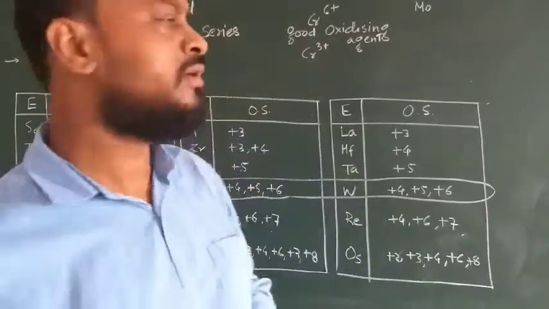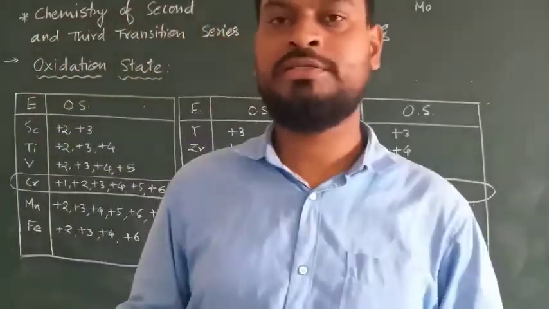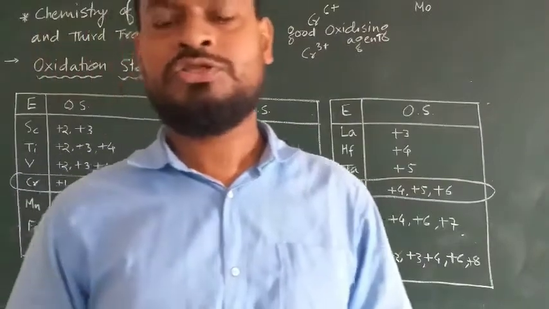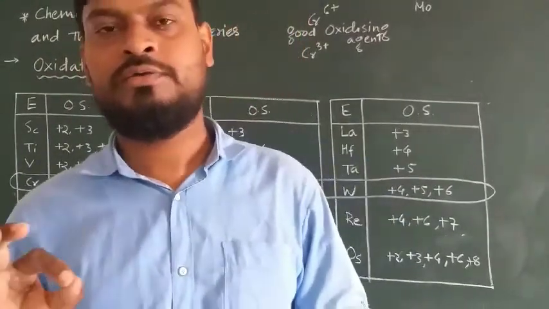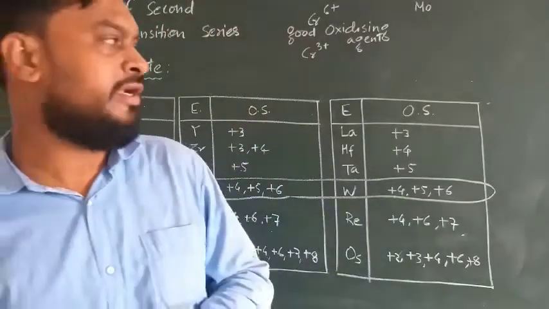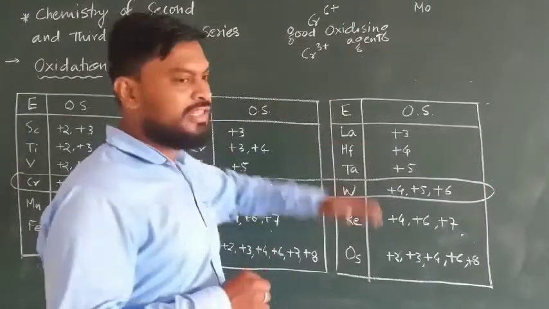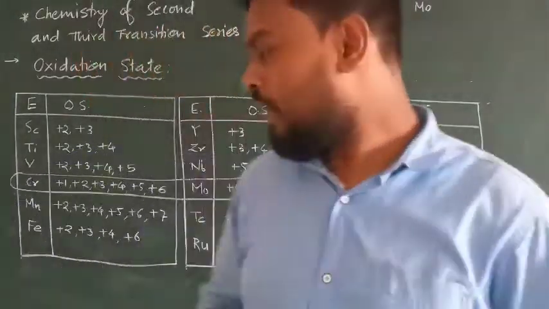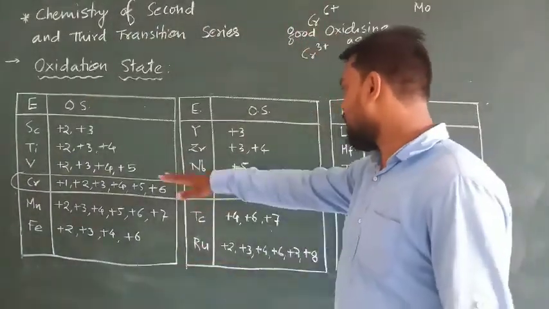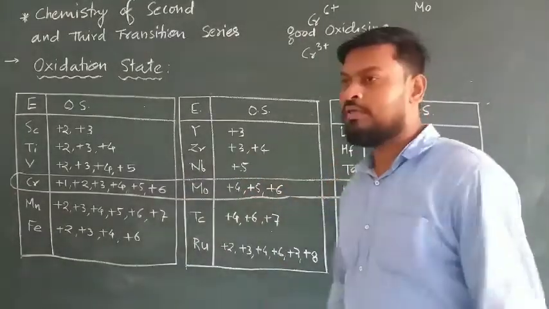Which elements? You have to remember the two elements, ruthenium and osmium, which show the highest oxidation state, that is +8. And again we have seen one point: we compared these three elements, chromium, molybdenum and tungsten.